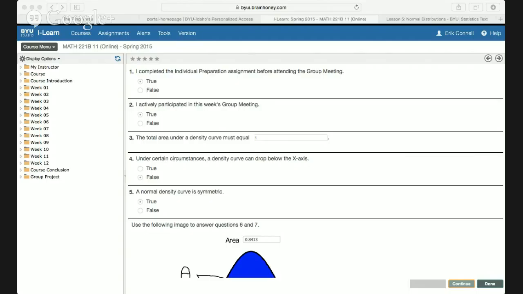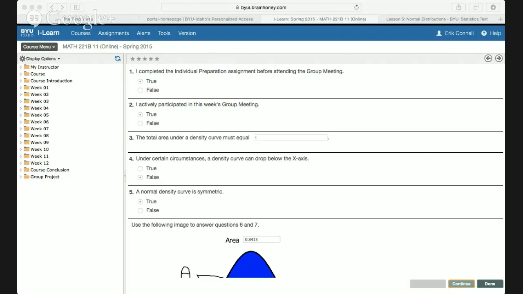Looks good. 0.1217. Okay, what is the probability that a randomly selected particle has a speed that is less than 2,500 meters per second? So, same thing.